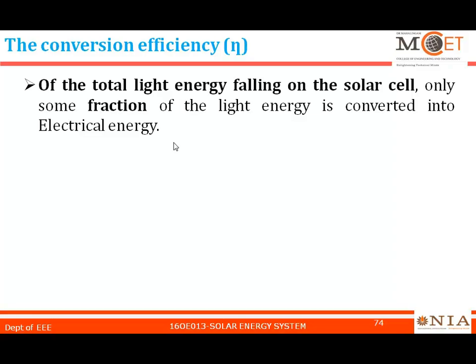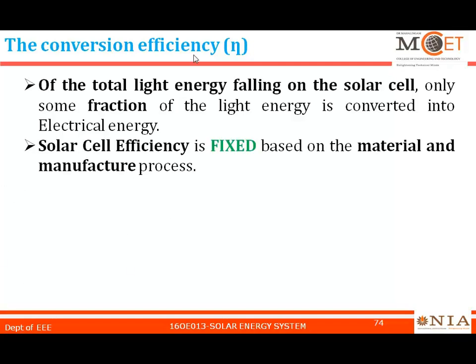Only some fraction is converted into electricity, within the solar radiation wavelength range of 350 nanometers to 1140 nanometers. Only this particular range is used for the conversion to electricity.